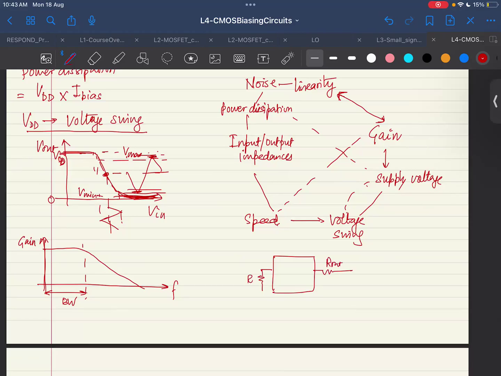Why is it important, this input output resistance, for this amplifier? Because you are going to connect this amplifier to a certain load and a certain source, right? It is not standalone. It is going to take some source, and it is also going to have some load which it would drive.